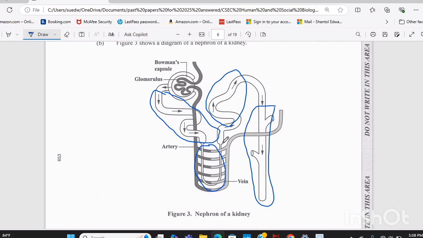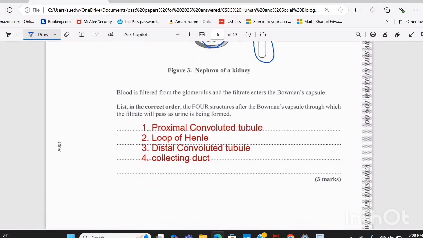Then after the loop of Henle, we have the distal convoluted tubule, and after the distal convoluted tubule, you have the collecting duct. And you must give them the answer in that order for us to get our 3 marks, right?